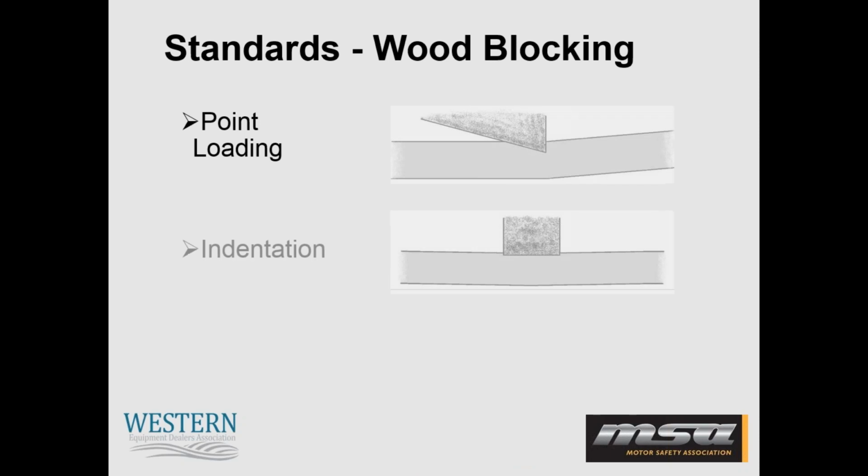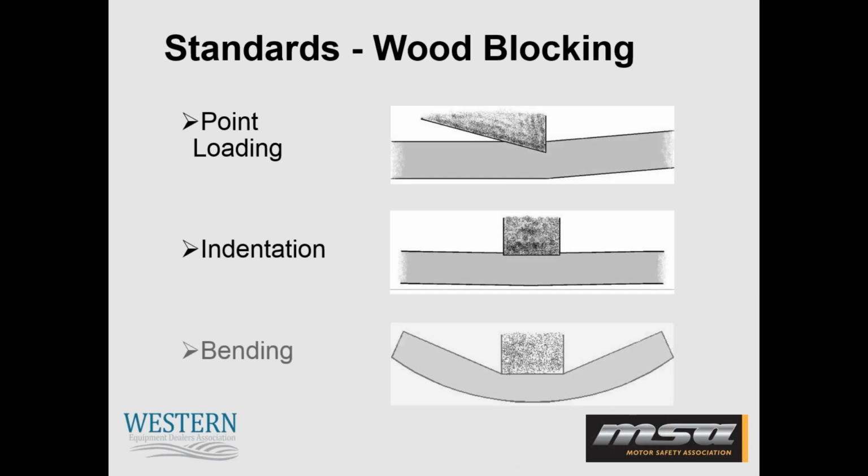So when we look at the different standards for wood blocking, there are also characteristics to consider, such as if we point load our wood blocking, or if we have indentation or bending, or we exceed what our wood blocking is capable of withstanding.